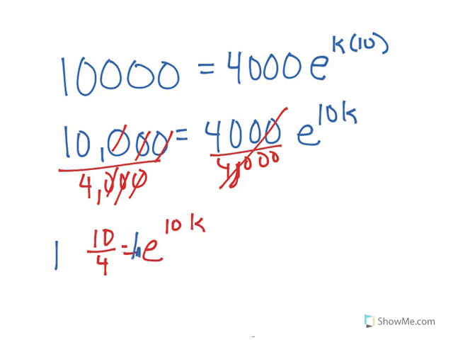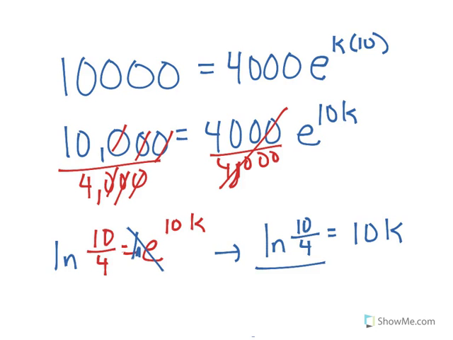Well, I would ln both sides. And now I get ln of 10 over 4 equals 10k. So now can I get k by itself? Yep, I can solve for k by dividing by 10. And I get k equals ln of 10 over 4, over 10.